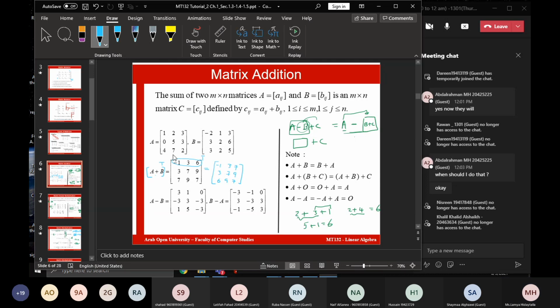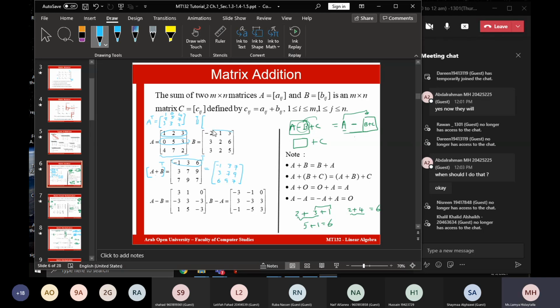Now, as a homework, find the A transpose. We need the A transpose. Let me make it. What is the A transpose? It is a row that becomes a column. So 1, 2, 3. Then 0, 5, 3, and the last 4, 7, 2. So also I need B transpose.